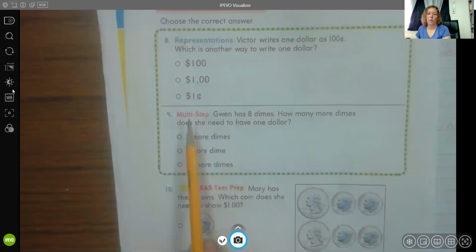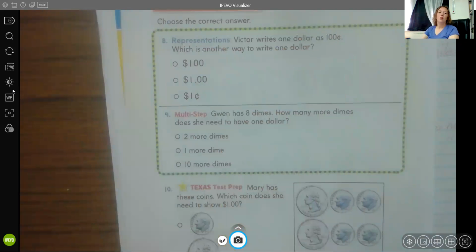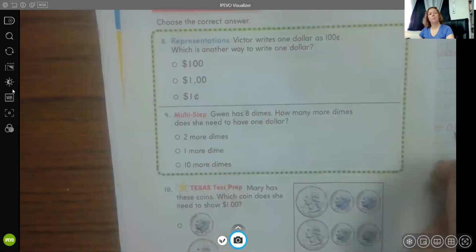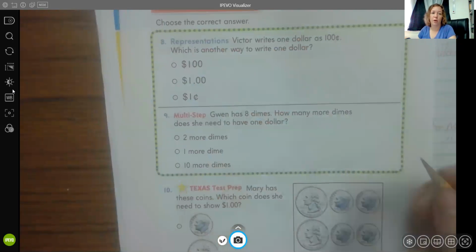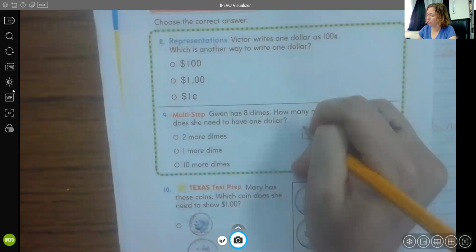Number 9, Gwen has 8 dimes. How many more dimes does she need to have $1? So we've done strip diagrams or bar strips. I don't remember what the 3rd grade teacher calls them.